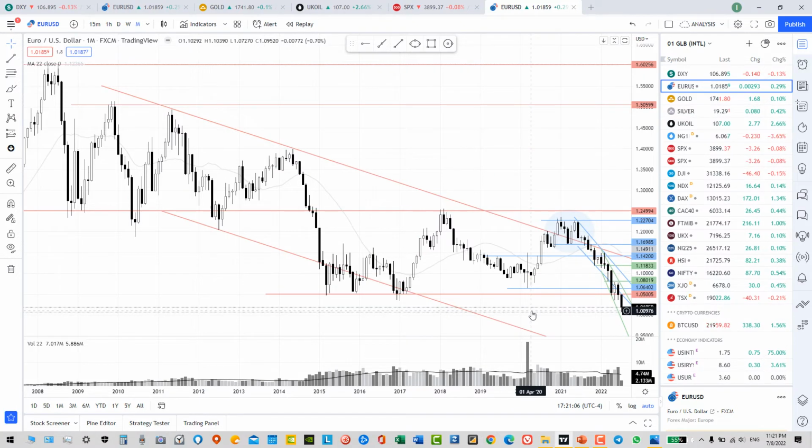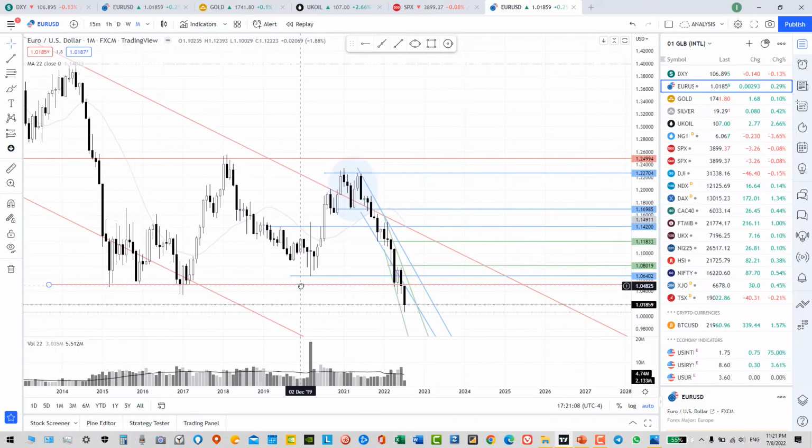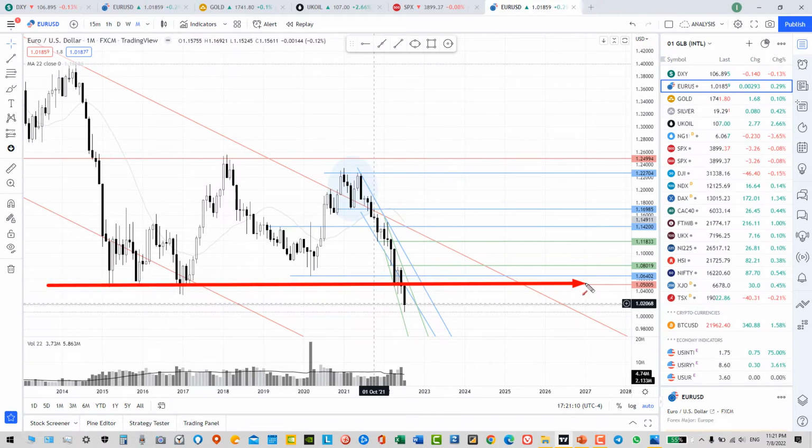Of course, this break below 1.05 confirms the bearish environment over the long term, and as months after months close below 1.05, it becomes more and more strong resistance, and of course a move to the downside is more likely.